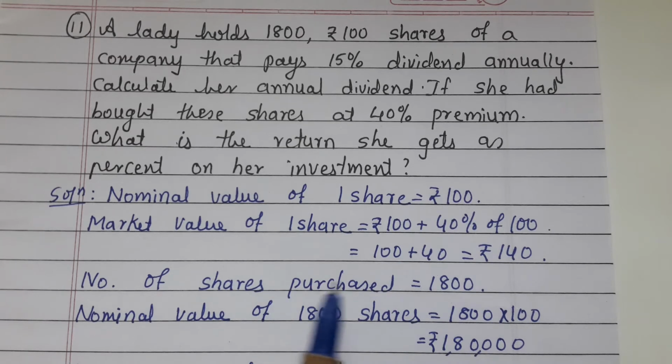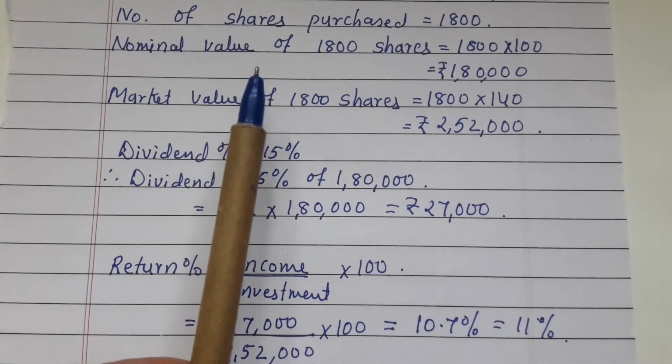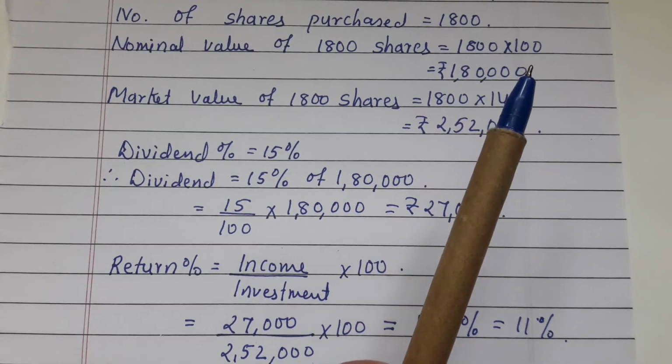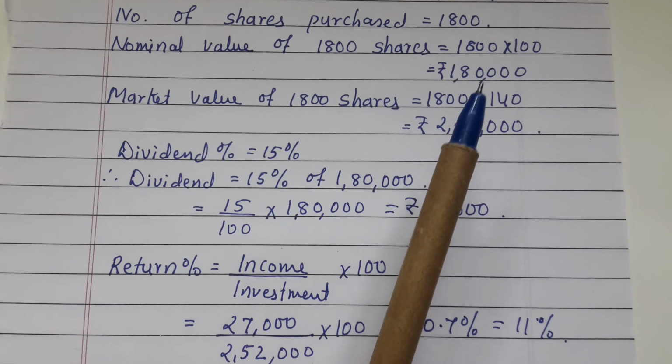Number of shares purchased is 1800. Nominal value of 1800 shares is 1800 into 100, that is equal to rupees 1,80,000.